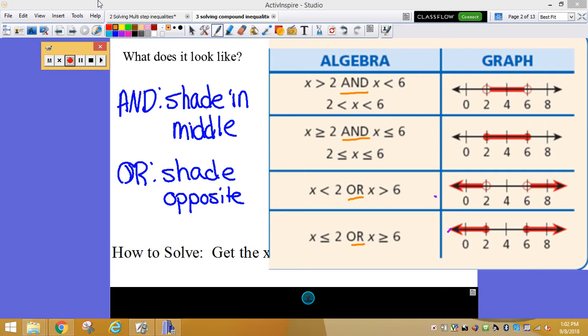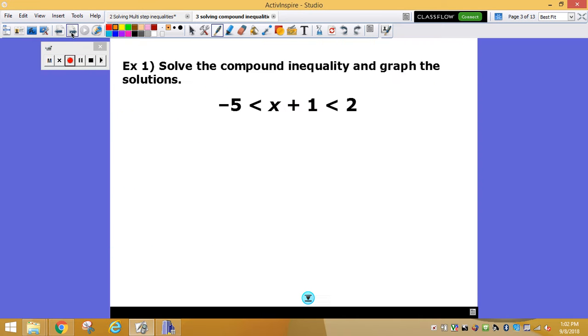So let's get into some problems and see what this is actually going to look like. So here's example 1. Okay, so contrary to what I just told you, you don't see the word and or the word or. But the way I know it is a compound inequality is because there's two inequalities. It's very, very easy. Watch how I'm going to solve this. You see how the x is in the middle?